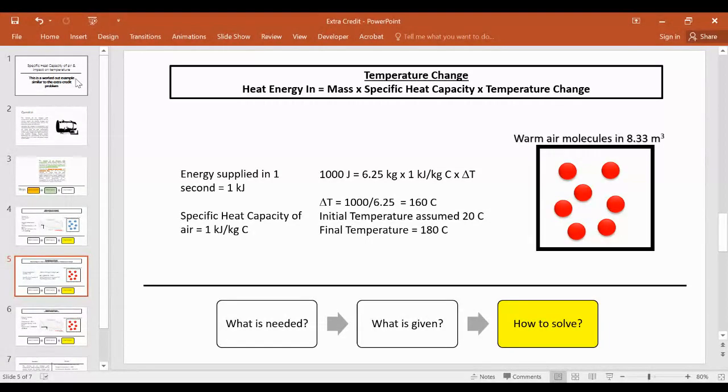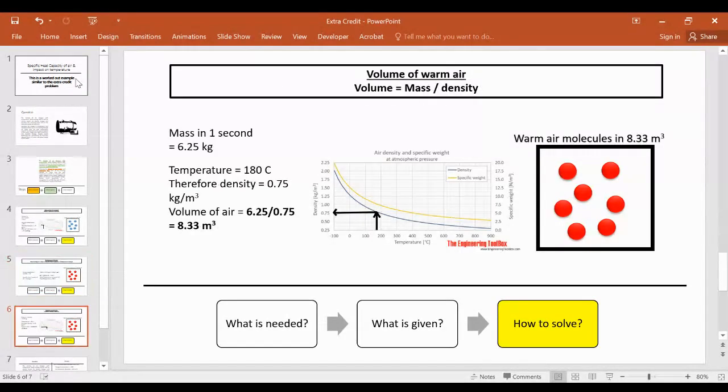So if you do that, you get a temperature difference of 160 degrees Celsius, and since 20 degrees is the initial temperature, now the final temperature is 180 degrees. Right? At this temperature, of course, the density has changed, and now it's become less dense.